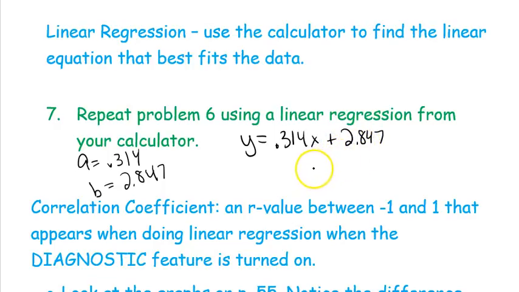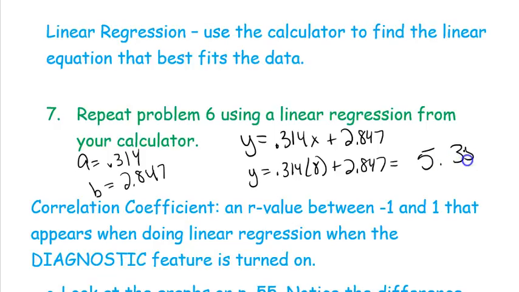And so to estimate year 8, now I just plug in 0.314 times 8 plus 2.847, and let me see what that gives us. And I get 5.359. So that was the estimated cost using a better line than we came up with by hand.